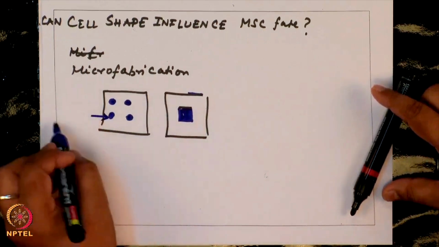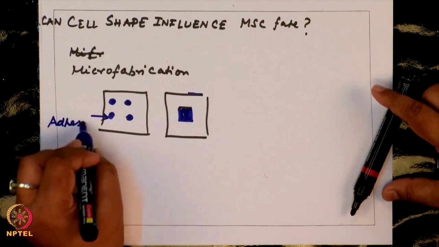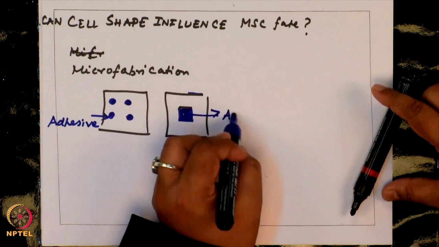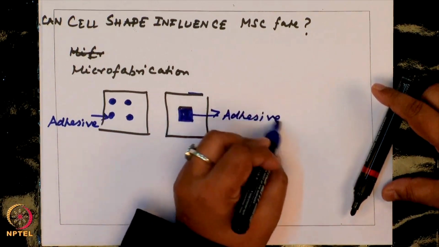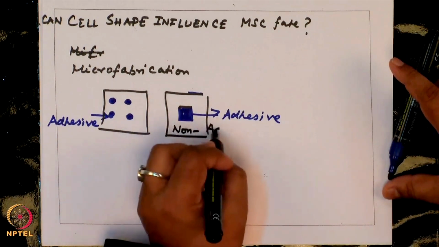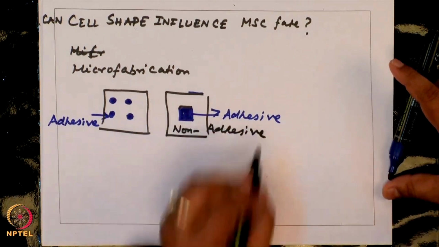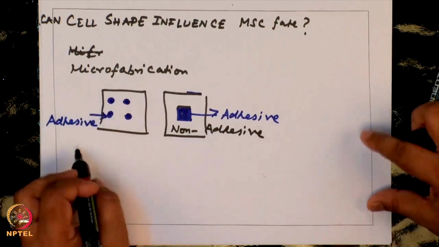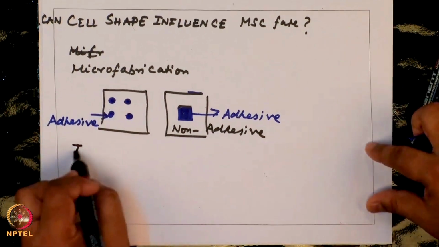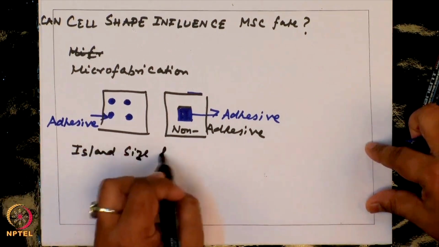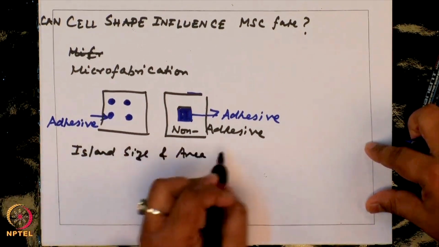These areas are adhesive, and this area is non-adhesive. So, what they changed was the area of the island; the island size and area were changed.